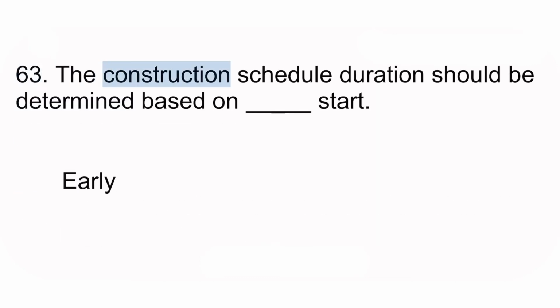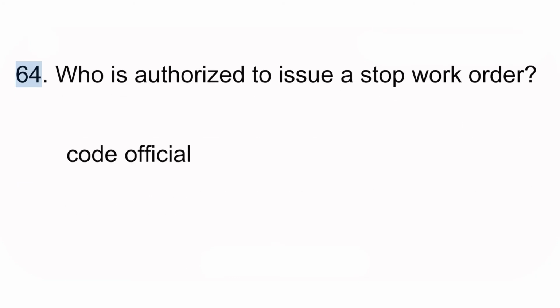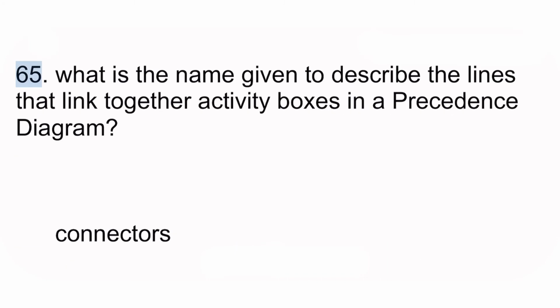63. The construction schedule duration should be determined based on _ start. Early. 64. Who is authorized to issue a stop work order? Code official. 65.